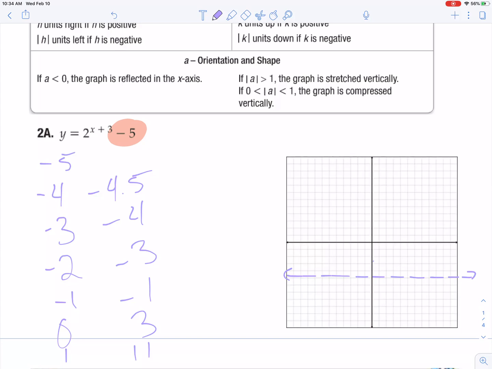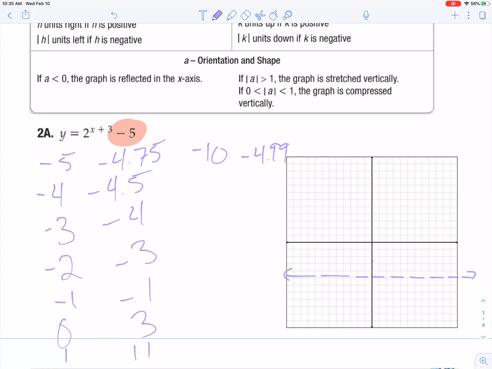And I'll do -5. It's -4.75. I do have mine plugged into my calculator, so as I scroll up, I can see, even up at like -10, I'm at -4.99. And so it never actually reaches -5, and it's never going to cross it.